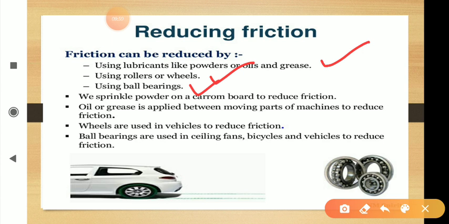In machines, we use oil, grease between the moving parts of the machine to reduce the friction. We use wheels to reduce the friction, as we know that sliding friction has larger value as compared to rolling friction. We use ball bearings in ceiling fans, bicycles and vehicles to reduce the friction.